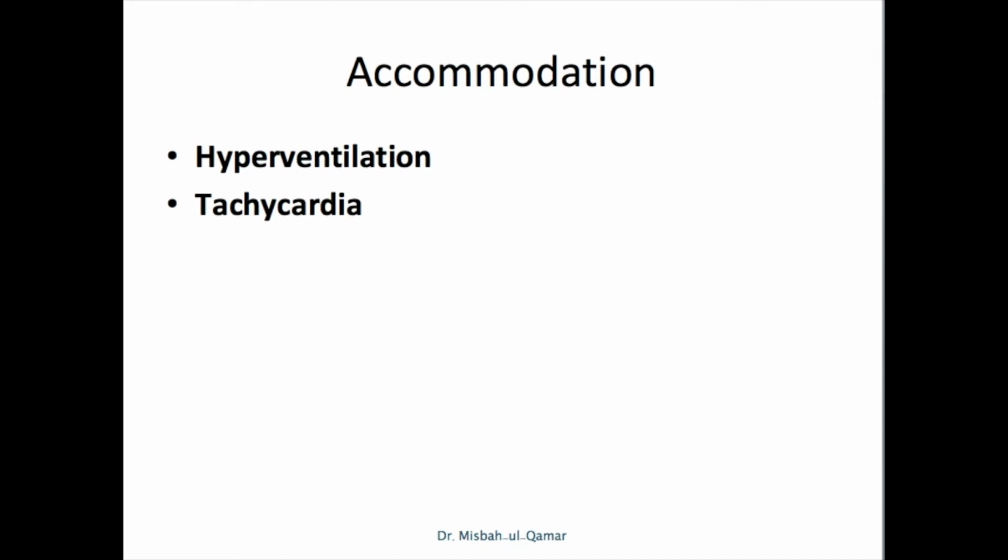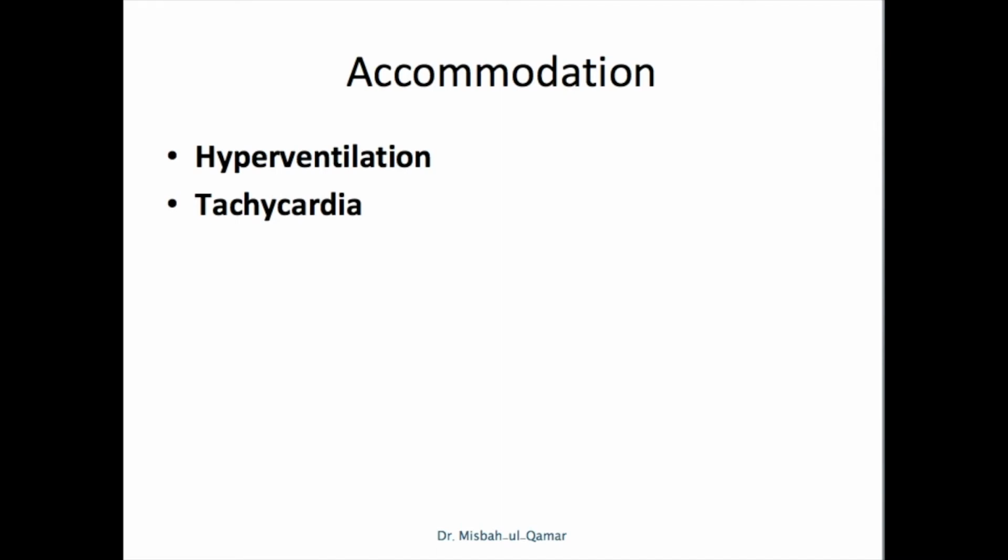Now, as I already told you, the accommodation responses of the body are immediate and reflex to acute hypoxic exposure. They consist of hyperventilation and tachycardia. But why do we hyperventilate? You see, the decreased arterial partial pressure of oxygen results in the stimulation of peripheral chemoreceptors, which means a resultant increased rate and depth of breathing.